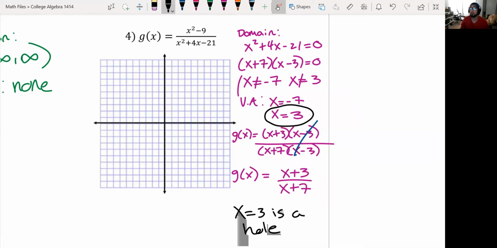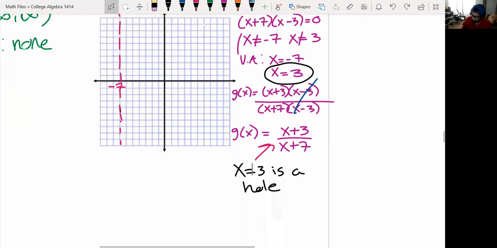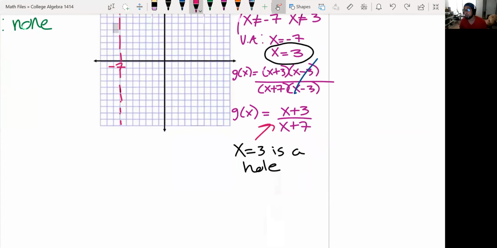X equals 3 is a hole, and the only vertical asymptote we have here is x equals negative 7. So that's all you have to plot. Let me see. 4, 5, 6, 7. And here is my vertical asymptote. If I wanted to plot the hole in the graph, I would plug 3 into this function. And let's see, hey, why not? It's good practice. Find where the hole is.